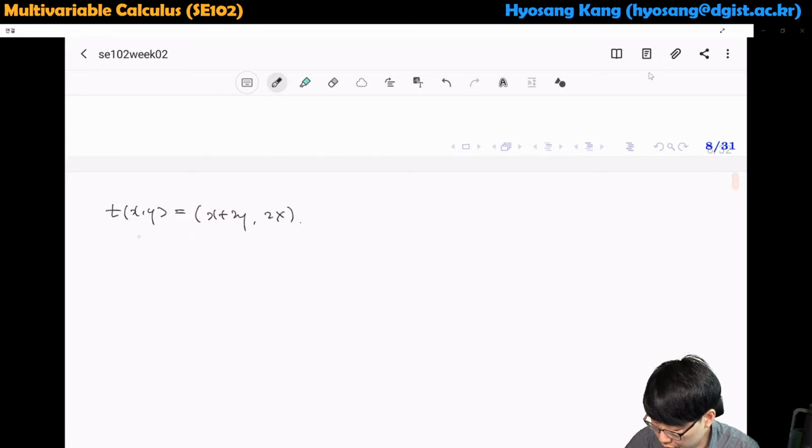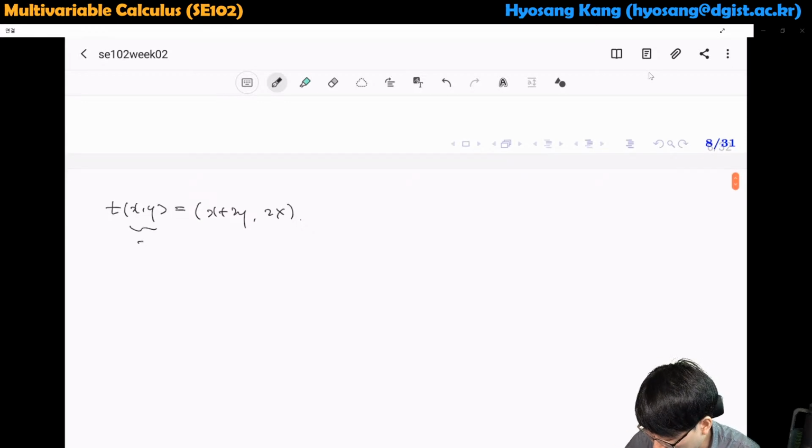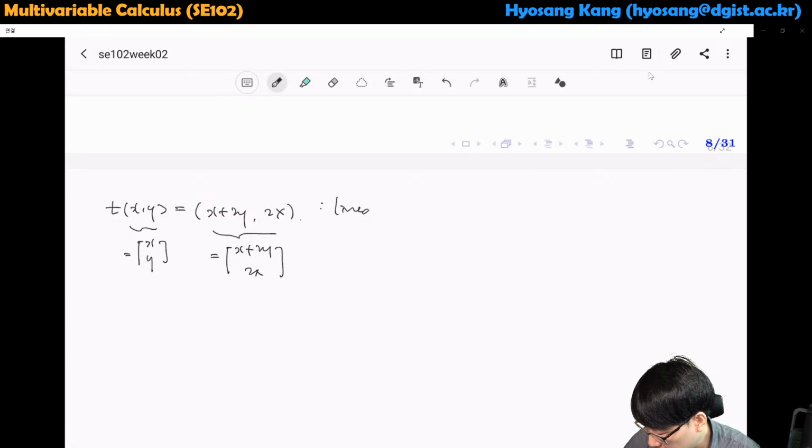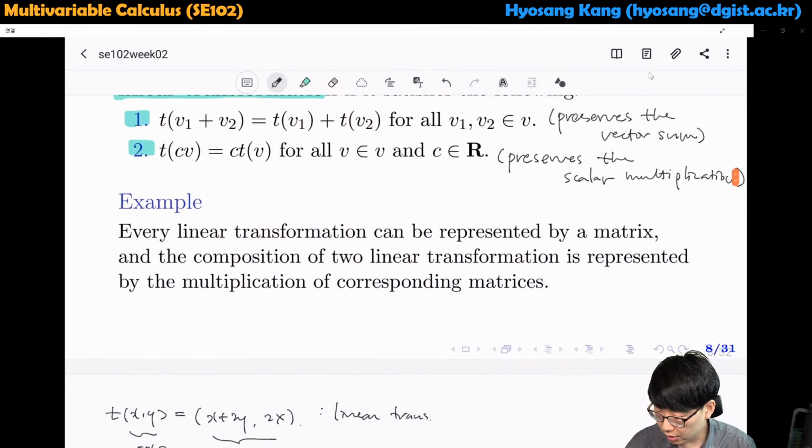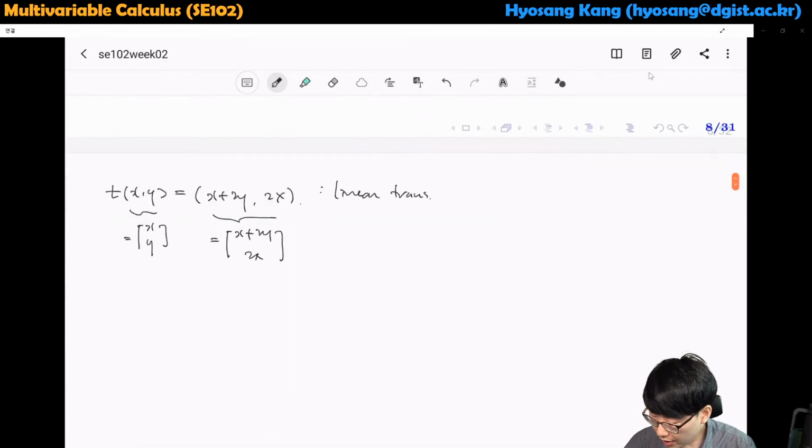I'm going to rewrite these vectors as columns: x, y, and this as x plus 2y, 2x, because this is a linear transformation. You can check by yourself why this function is a linear transformation by checking these two conditions. I'm going to represent T by the matrix with rows 1, 2 and 2, 0.